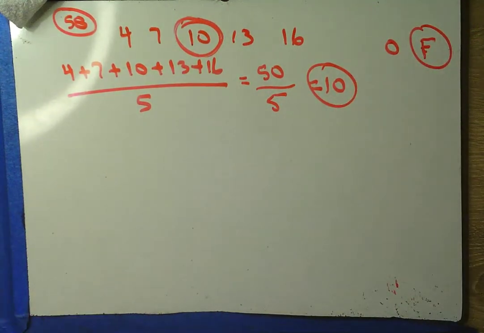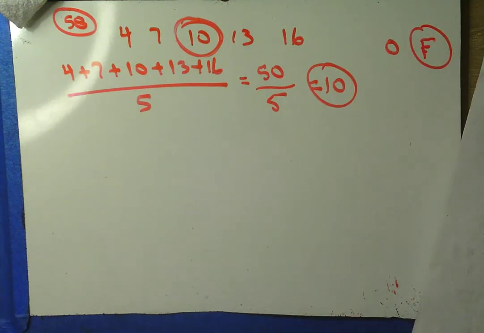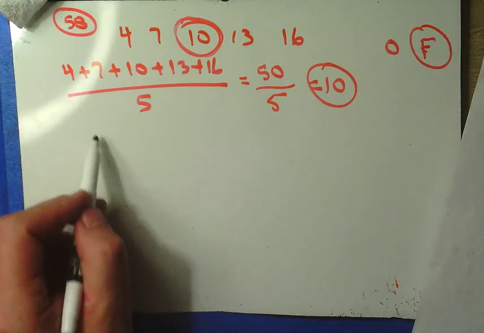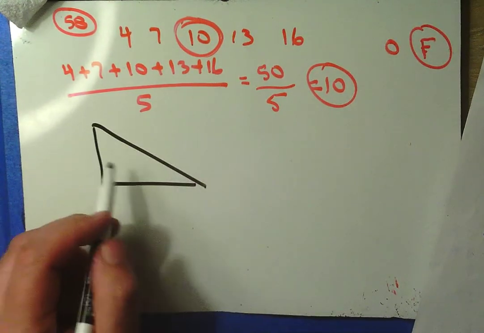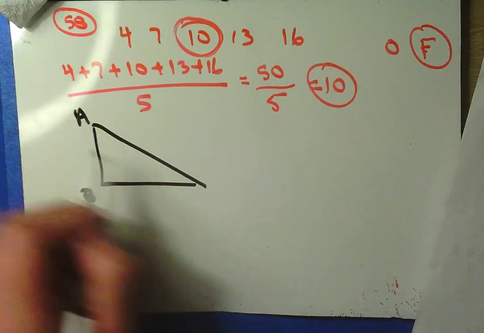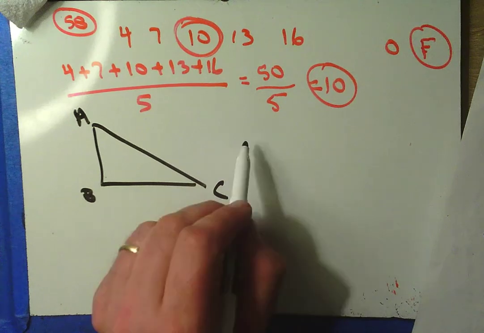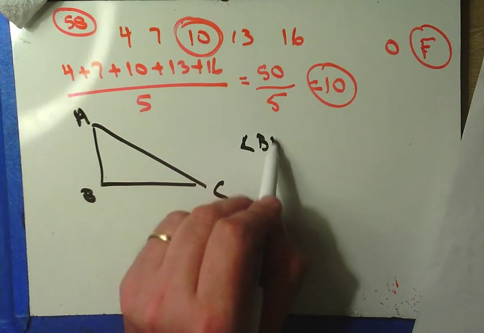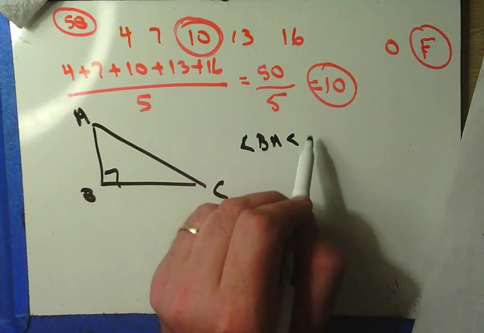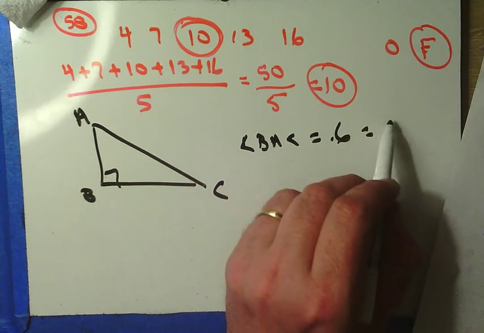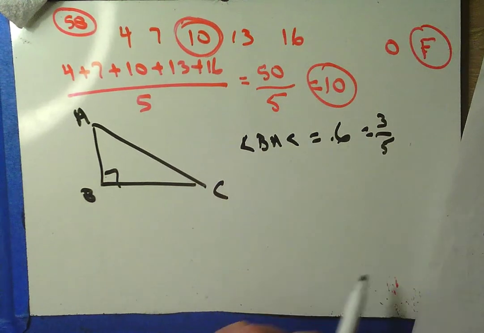Okay, last 3 problems on the last page. No, that was 58. Last 2 problems on the last page. Cosine of BAC. Okay, so we said that cosine was adjacent over hypotenuse, and cosine of angle BAC is 0.6, which is also 3/5.